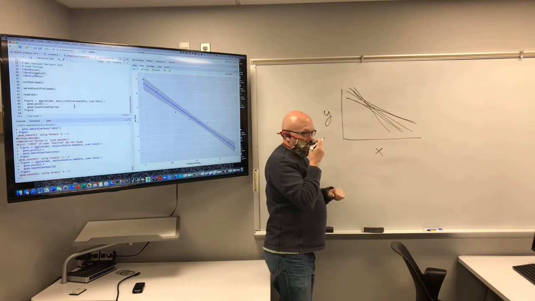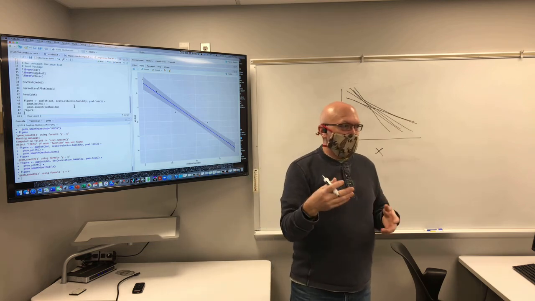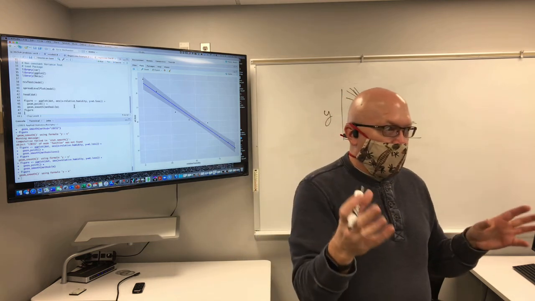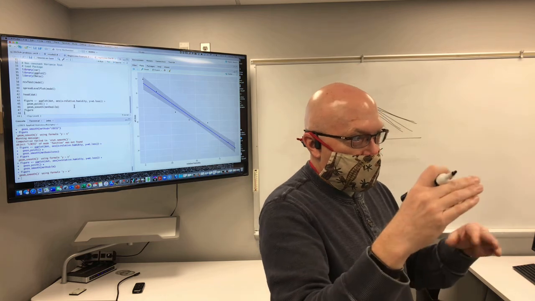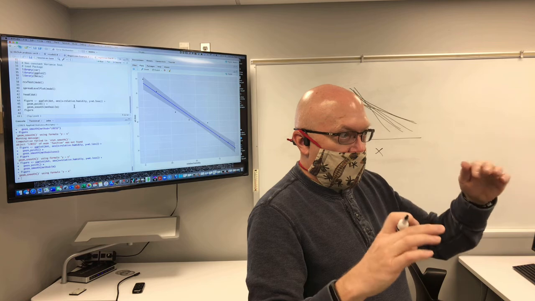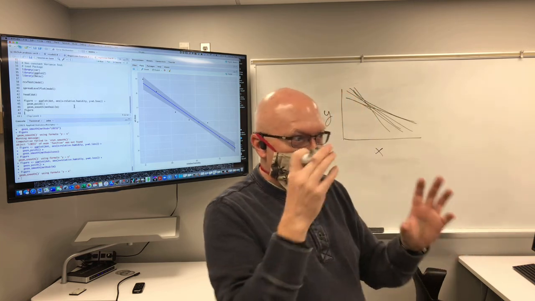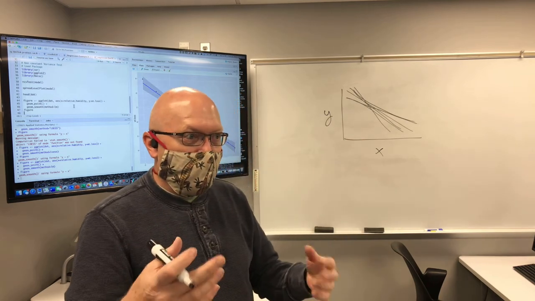This slope is not. So one of the reasons I like using error bars when we're doing an ANOVA is because I can look at the error bars and I can look at the means and I can see if this mean fits within this error bar and I can see if this mean fits within this error bar, and I can look at the graph and see intuitively whether or not those means are different.